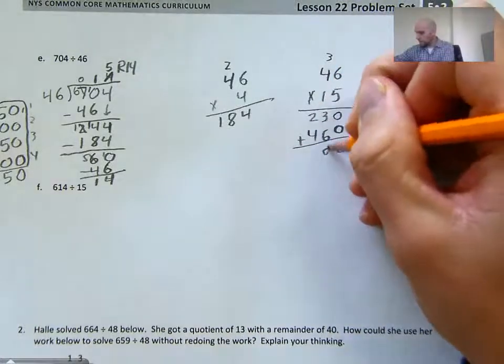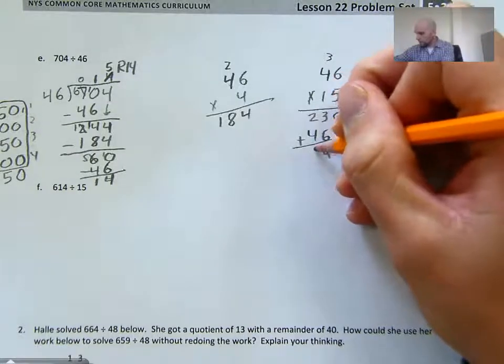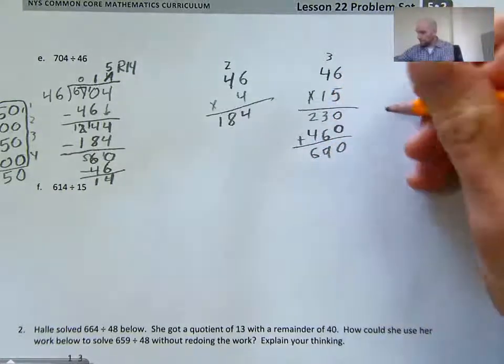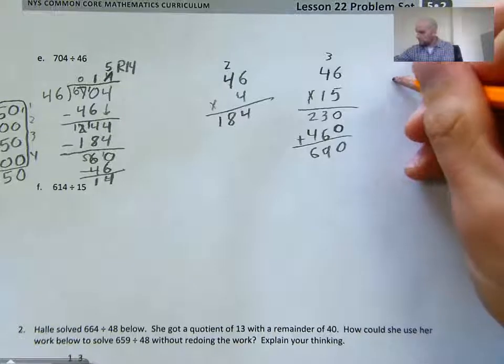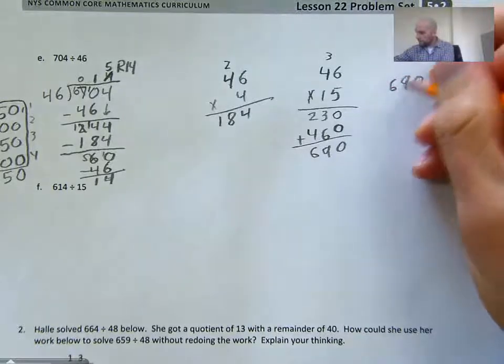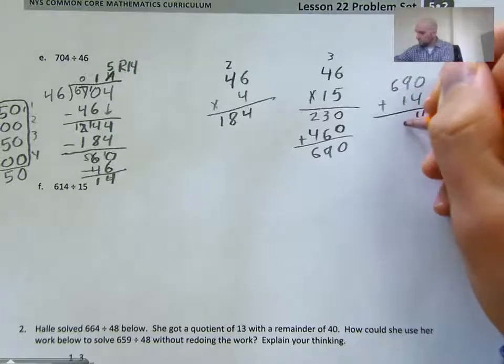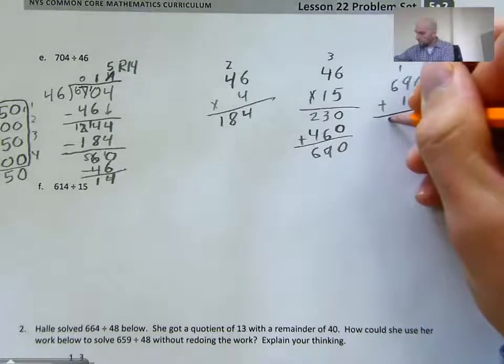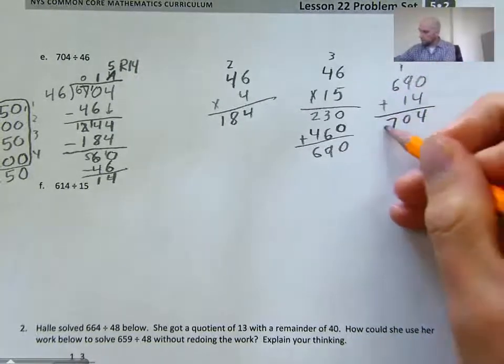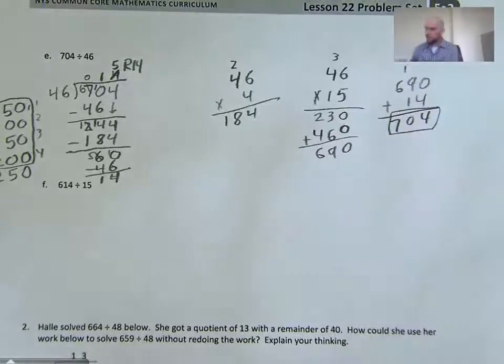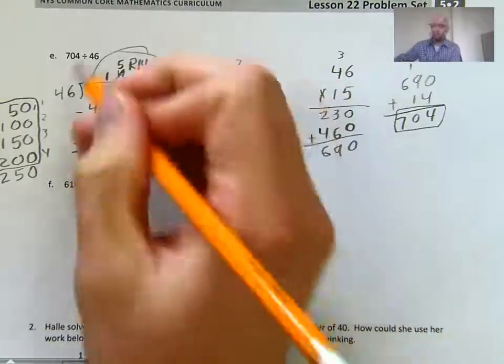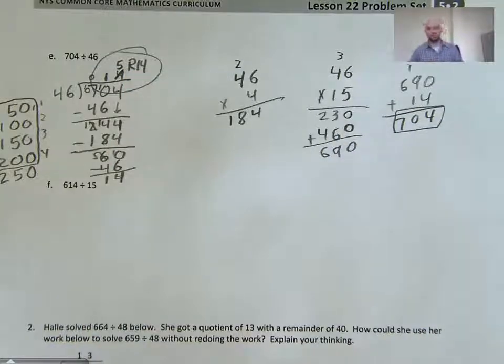I get 690. And I get 690 plus 14 is 704. And that is my dividend. So our answer is 15, remainder 14.